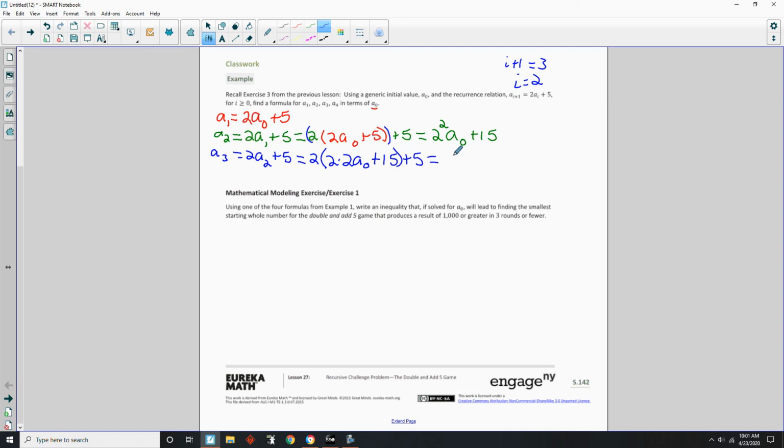And that's going to equal 2 times 2 times 2, or 2 to the third, a sub 0 plus 2 times 15 is 30 plus 5 is 35.